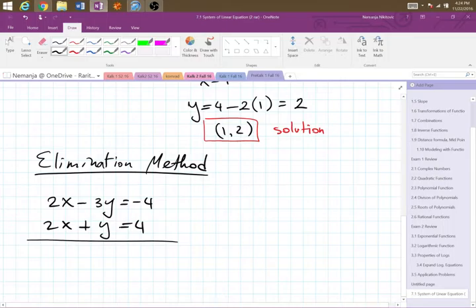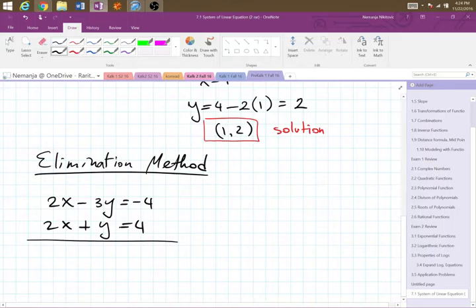Elimination method is the method to go. And the reason is, if you are using the substitution method and you don't have 1 in front of one of the variables, you will end up with fractions, and then good luck. I know how much you love fractions.